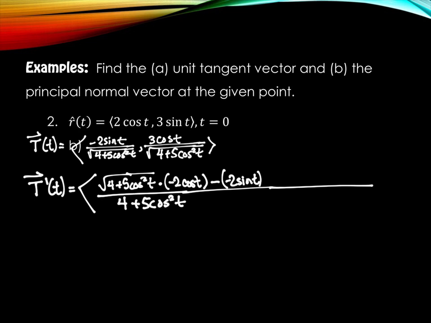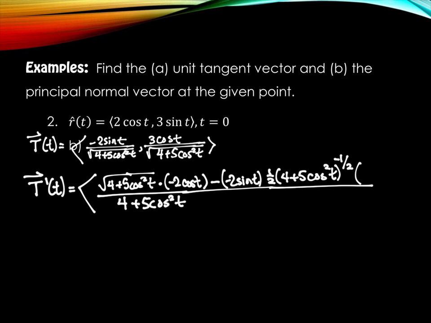All right, so on the second part then, I need the derivative of the denominator. Well, it's underneath a radical, so I'm going to write down that I've got a 1/2, right? So the 1/2 comes to the front. I'm going to rewrite it, so that's 4 plus 5 cosine squared of t, and then the exponent, negative 1/2. And then I need the derivative of 4 plus 5 cosine squared t. Well, the derivative of the 4 is 0.